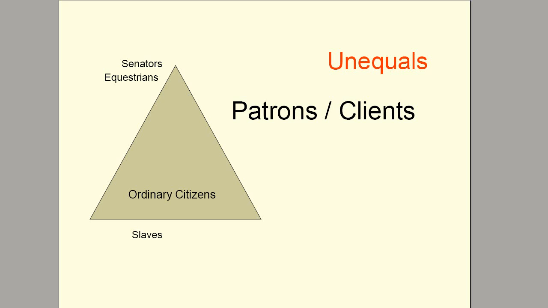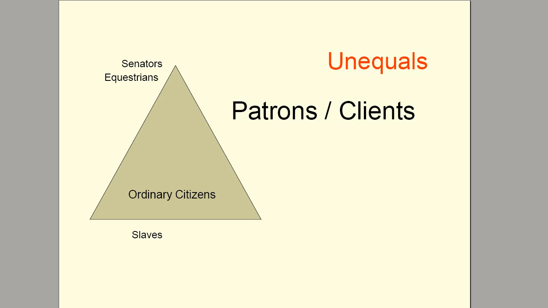We see women involved in the patron-client relationship as much as we see men involved in it. So we've got this personal relationship where people owe allegiance to other people based on other things than ideology, based on other things than a particular political agenda.